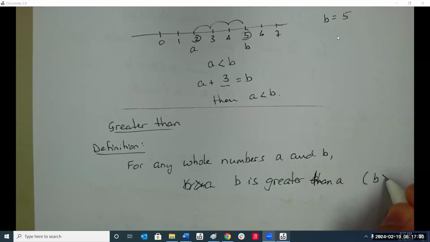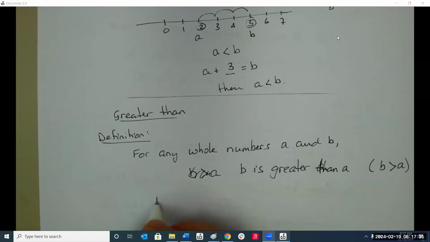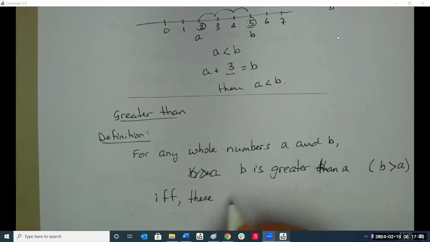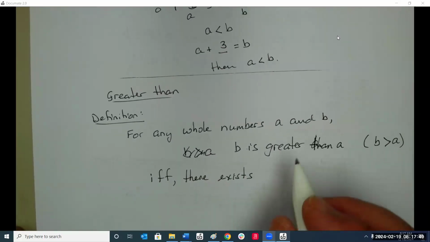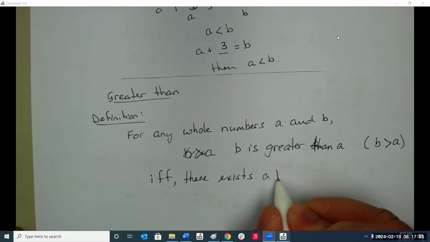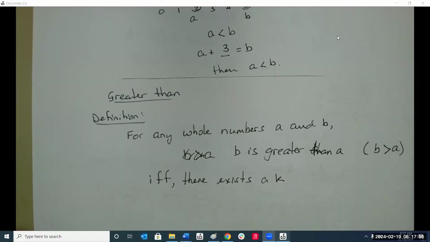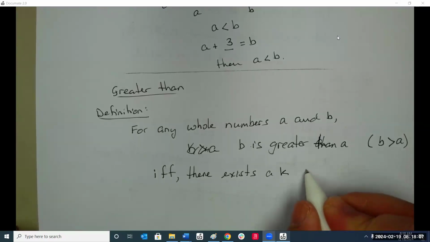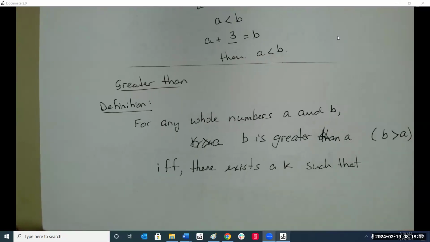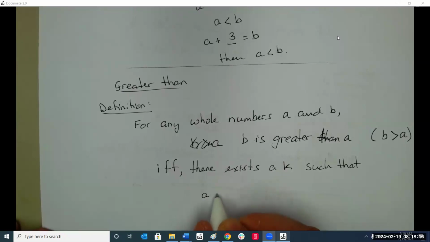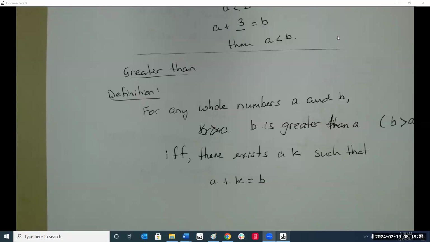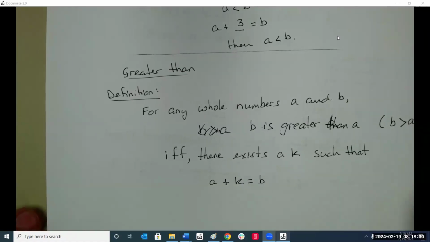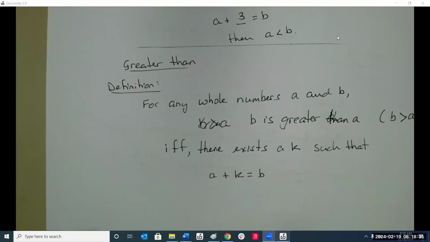We write that B is greater than A if and only if there exists a K, you could look at it the same way as previous, such that A plus K equals B. Remember, we haven't introduced subtraction yet. And equal to is if we don't have to add anything to it.